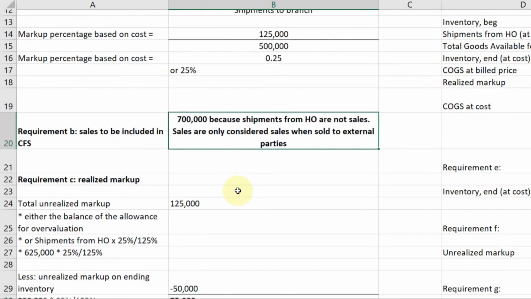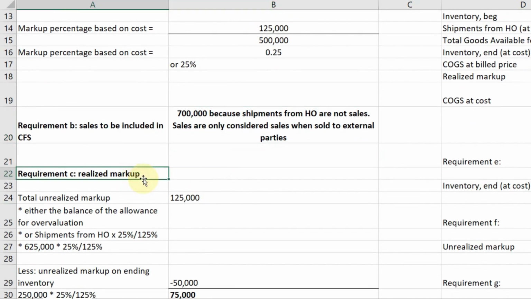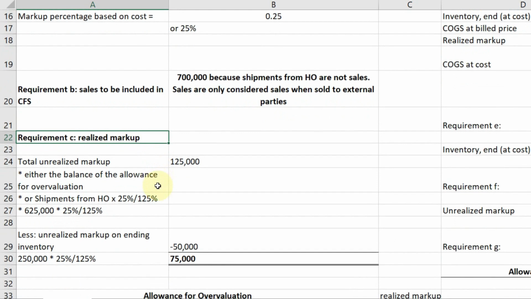Okay? Realized markup. So, I'll be correcting something sa T-account. Nagkamali ako ng lagay ng ending balance ng allowance for overvaluation. So, mamaya, papakita ko sa inyo. So, let's compute for realized markup. We have total unrealized markup or the unadjusted. Okay? So, unadjusted to ha. Yung 125,000.